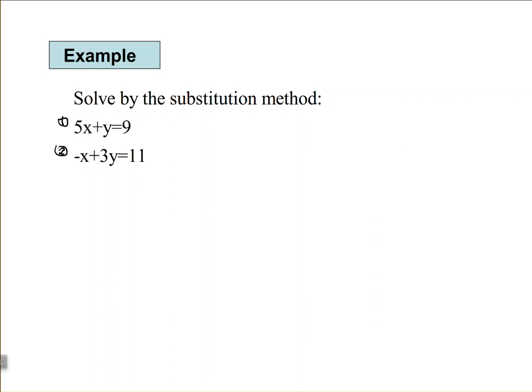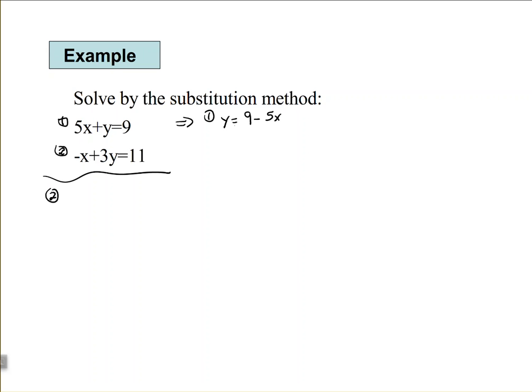And let's rewrite equation 1 by subtracting 5x from each side. So that will give me y equals 9 minus 5x. The objective there is to solve for one of the variables, so I'll solve that equation for y. So what that tells me is that anywhere in equation 2 that I see a y variable, I can replace it with 9 minus 5x.